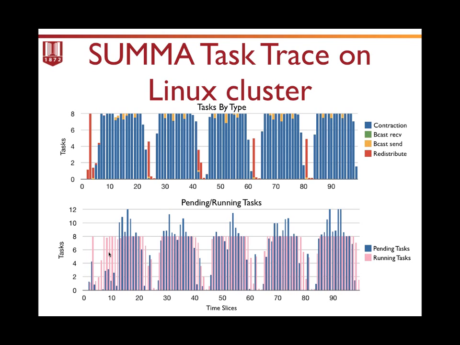You can see what happens when we run out of work. Here at this top, we had a spike of work and then ran out of work while we're doing the data redistribution, and then we get more work, and all of a sudden it pops back up to 8 tasks all running simultaneously. Again, at the end, you can see it running out of work.